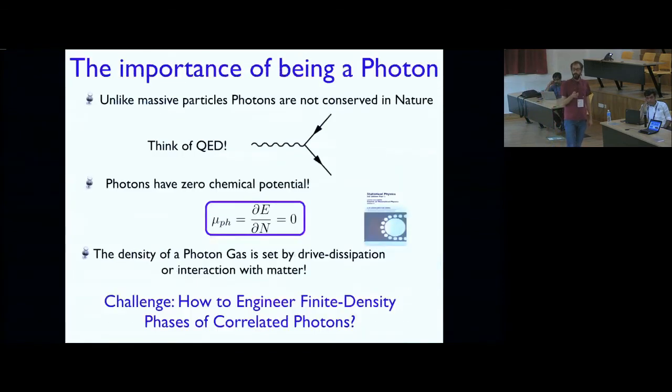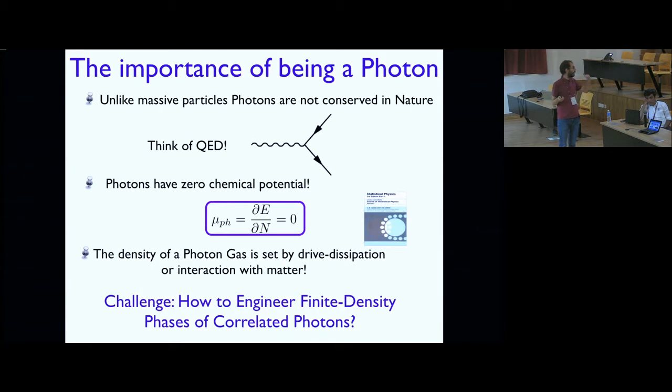But what you have to keep in mind is really the importance of being a photon, which means that these boson particles are not conserved, and the way they interact with the environment is non-conservative. Another way of saying this is that photons have zero chemical potential.